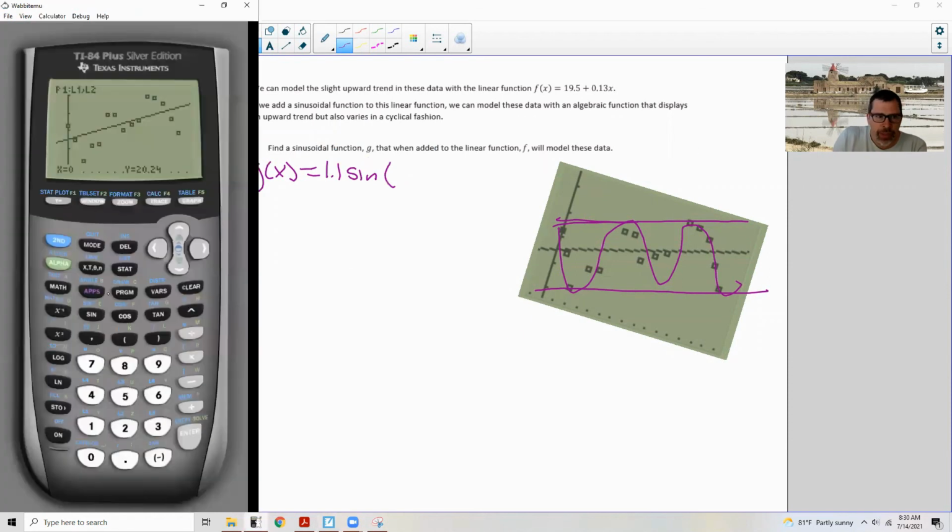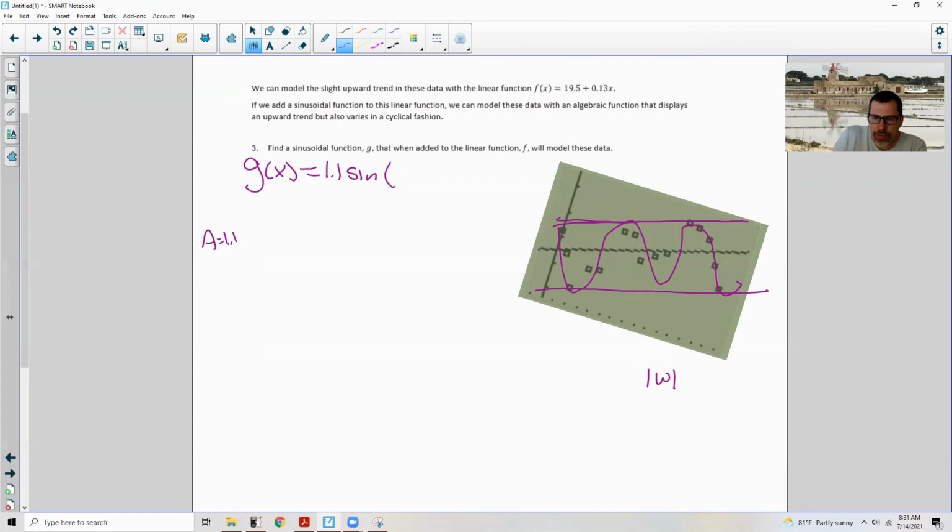So if I go back to my graph here, well, omega, what's the period? Remember that the absolute value of omega equals 2 pi over our period. The absolute value of omega equals 2 pi divided by our period. So if we solve for our period, we would get our period to equal 2 pi over the absolute value of omega.